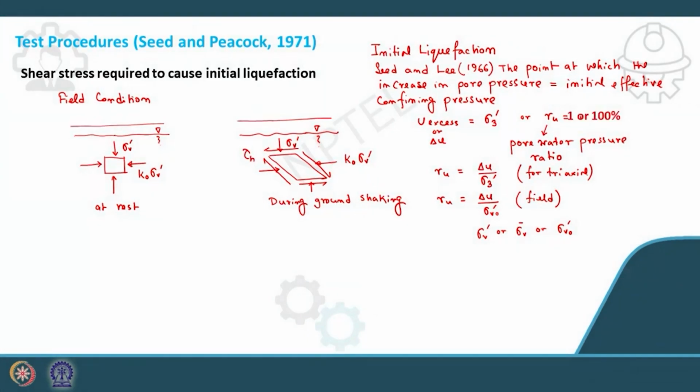So, these are your two conditions. One is before the application of ground shaking, that is the at rest condition, with only sigma v and K0 sigma v bar. Now, when the ground shaking is applied, shear stress develops, that is tau h. So, these are your stress conditions on a soil element.